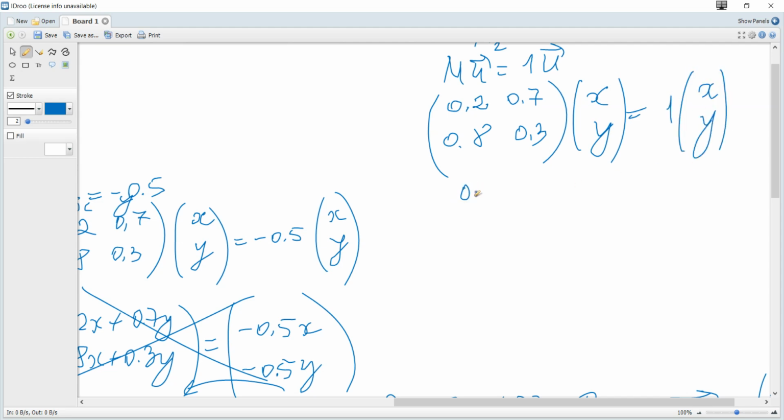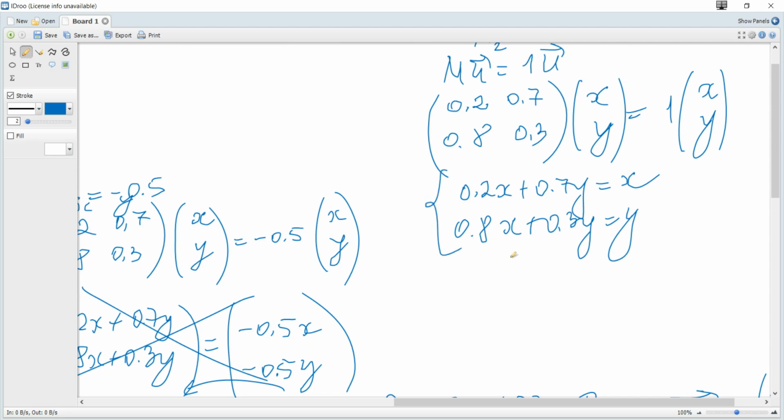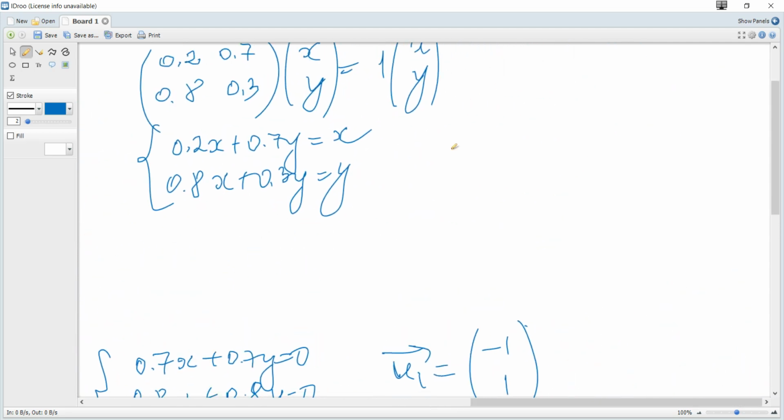And it becomes 0.2x plus 0.7y is x, 0.8x plus 0.3y is y. And it becomes 0.7y, 0.8x, just move to the right, and 0.8x is 0.7y.